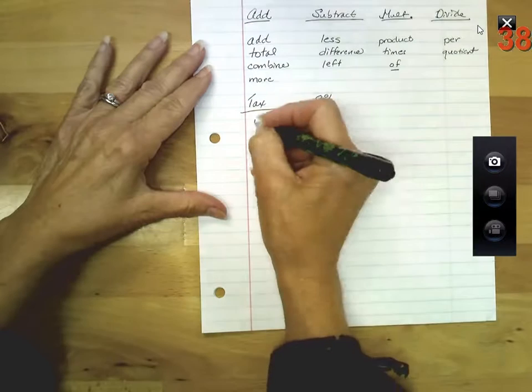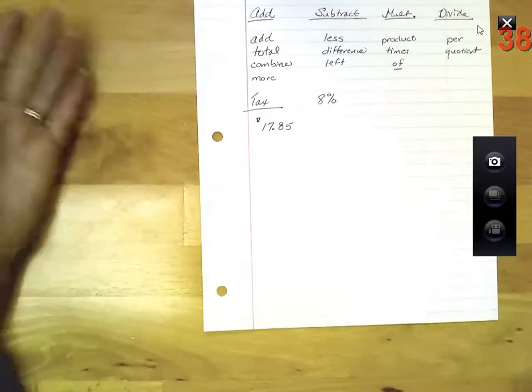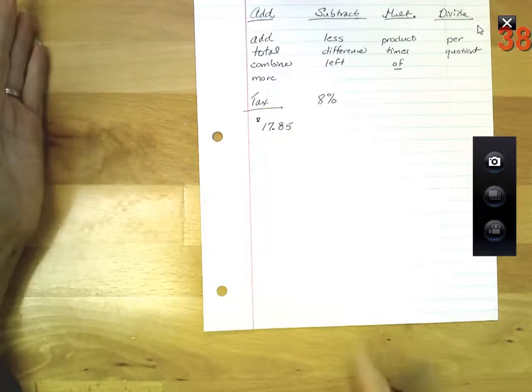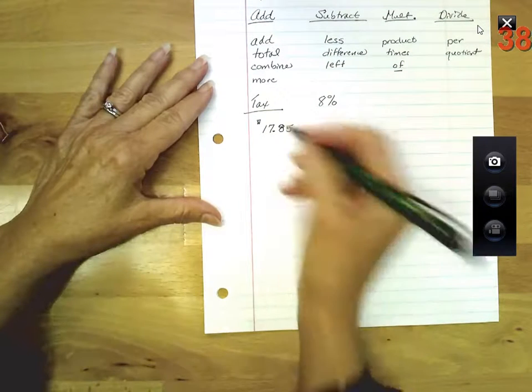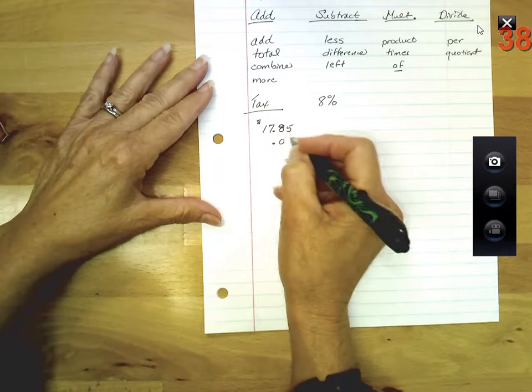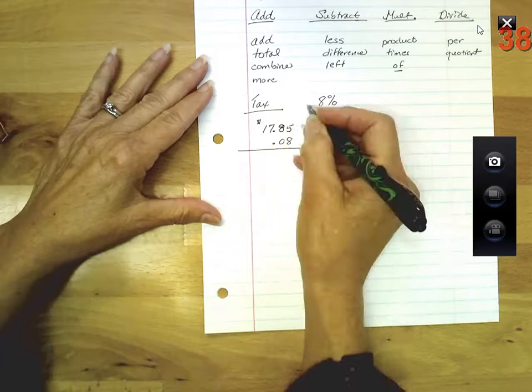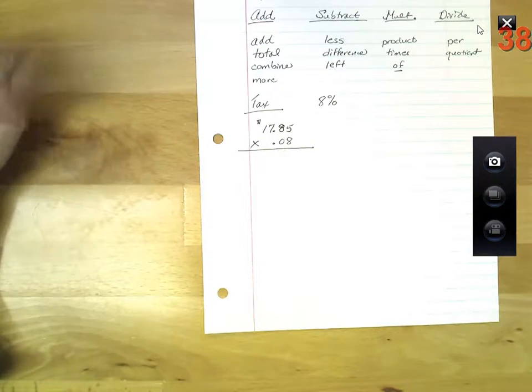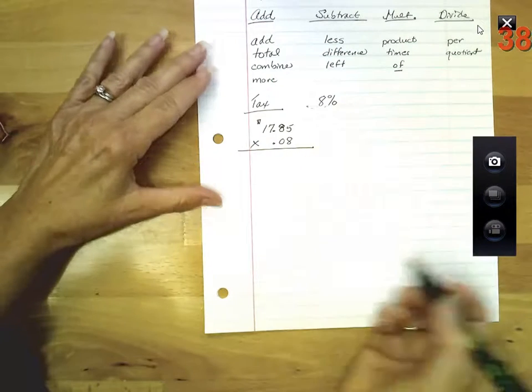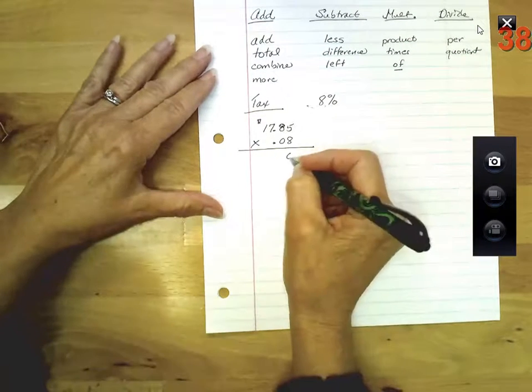But anyway, if you have to figure out tax on something, suppose you bought something for $17.85, and the tax rate is 8%, and you want to figure out how much you owe. So you change the percent into a decimal. That's the whole reason you had to know how to do that, so you can work out problems. Then you multiply.